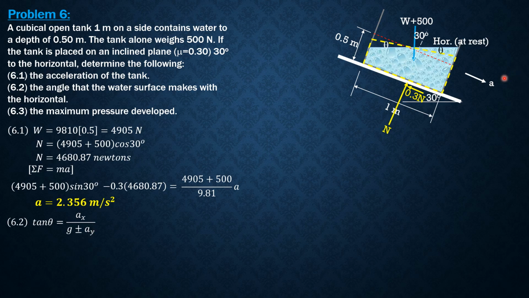Then ay, because the y component of acceleration is downward, is negative. So we use minus here. ay is 2.356 sine of 30. So tangent theta is 2.356 cosine 30 degrees over 9.81 minus 2.356 sine of 30 degrees. So we can now compute theta. It is equal to 13.30 degrees.